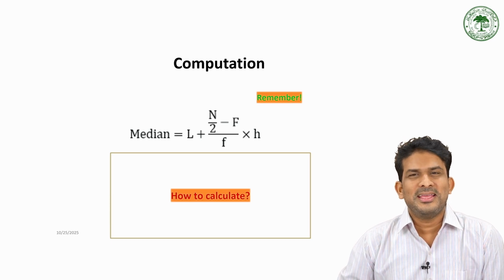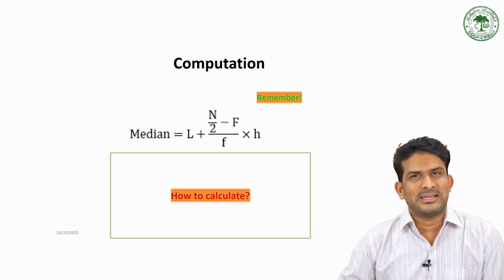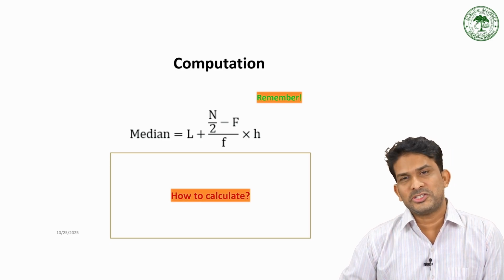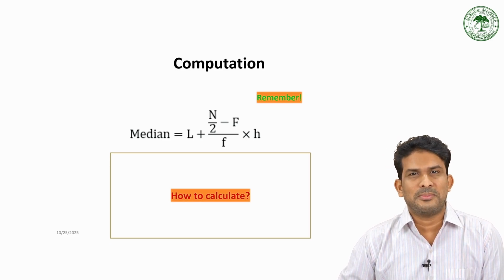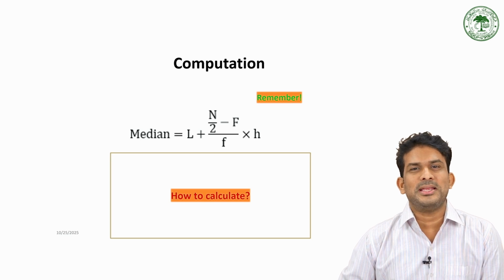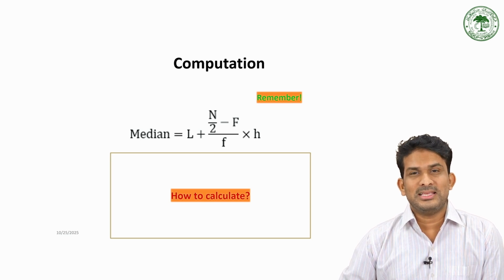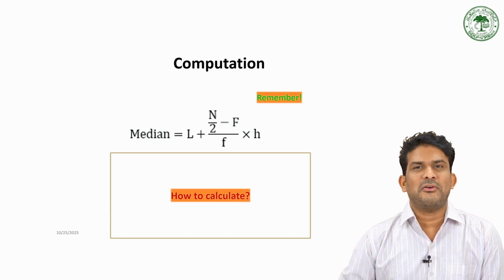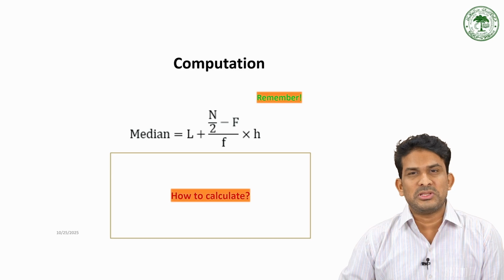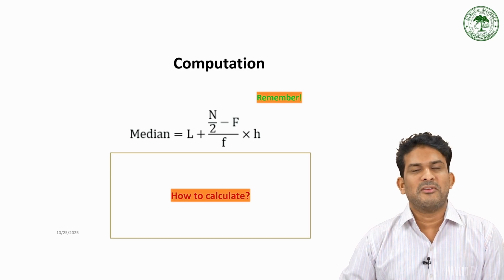We have seen various concerns and dimensions of this equation. Each term we have explained in the previous video. L is the exact lower limit of the median class. N is the total number of observations, that is the total of frequency. We are talking about grouped data, that is a frequency distribution. Clear? What is F?